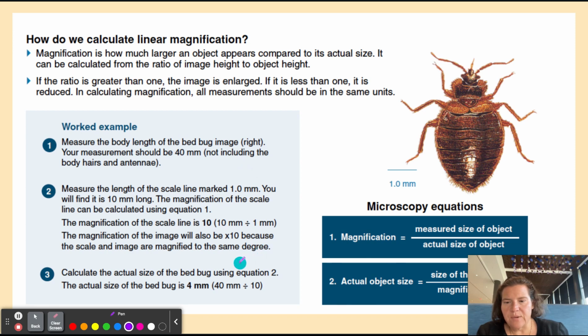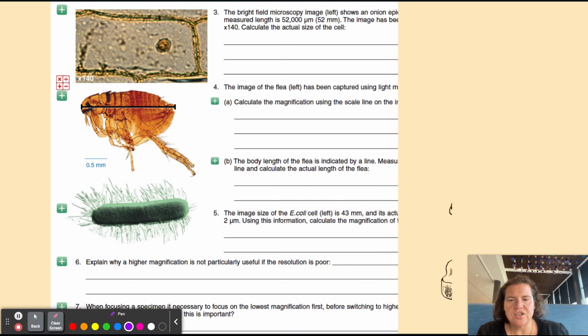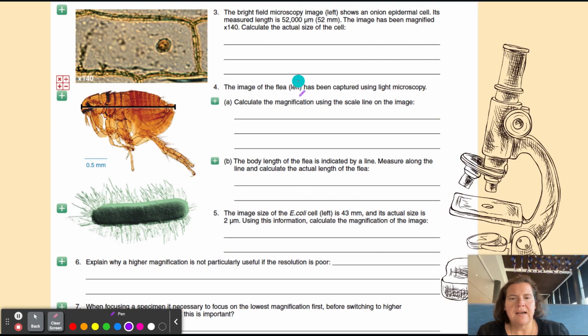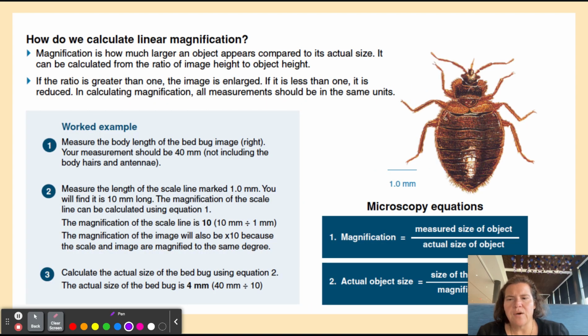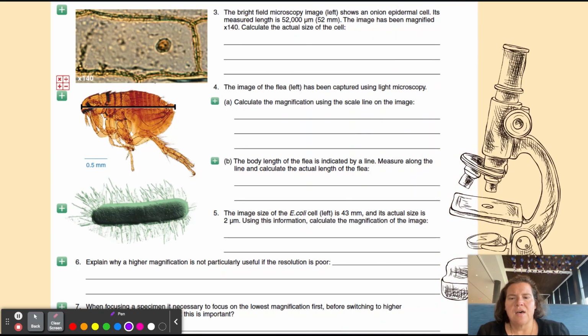I'm trying to decide what I want to do for this. You know what? I am going to skip calculating magnification. If we do this, I am going to want to do it in person. You can skip questions 3, 4, and 5 for this point.